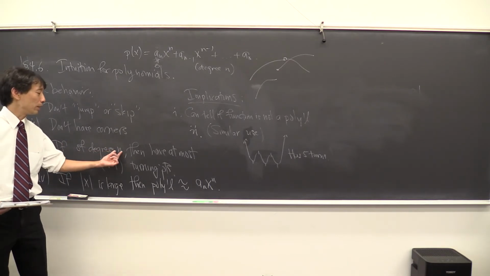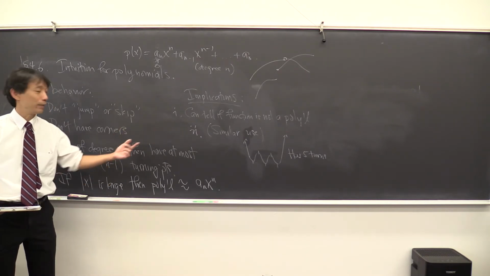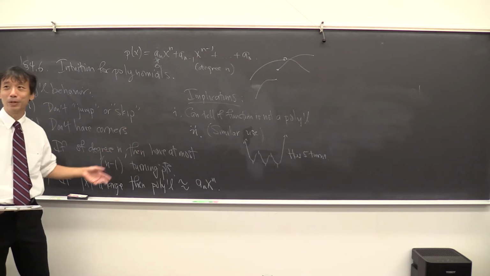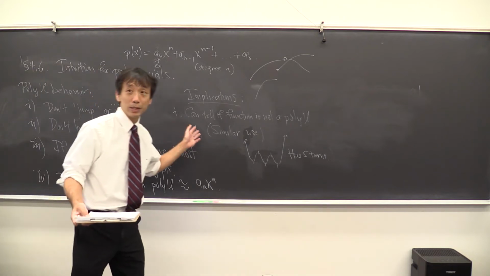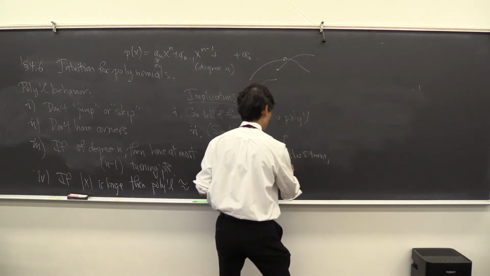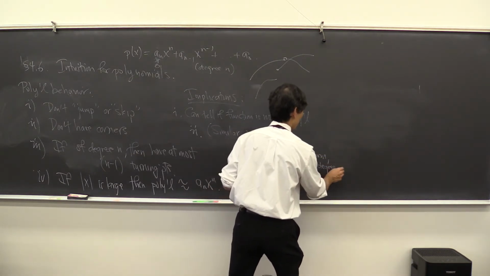Because if it's of degree 5, it has at most 4 turns, but it has 5 turns. If it's degree 4, it has at most 3 turns, but it has 5 turns. So this has 5 turns, so it must be degree 6 or over.